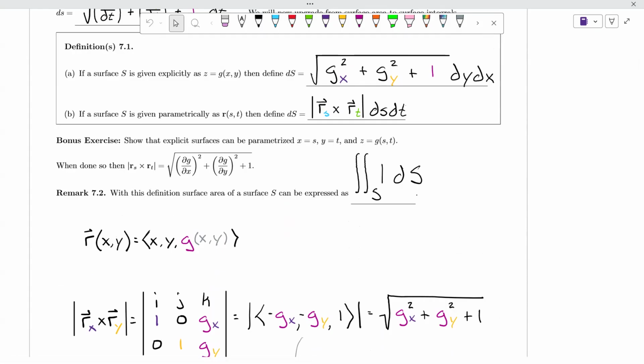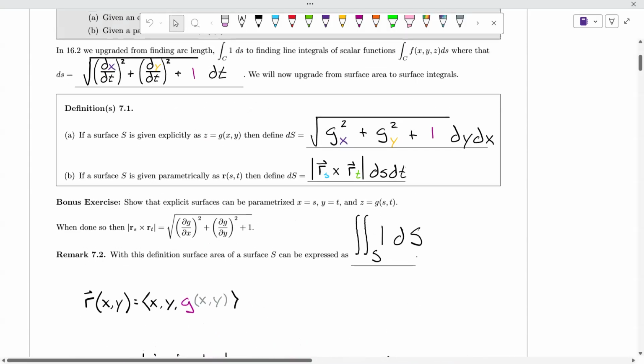We can also see our definition for surface area then can just be the surface integral of ds. And also notice that everything that we're integrating here so far are scalar functions. So at least on this first page, we're only looking at integrating scalar functions. Right, we are dealing with some vectors, but we're taking their magnitudes, which returns it to a scalar value.